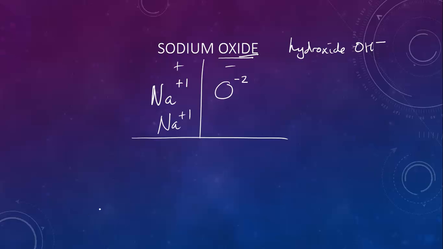So, the final result is sodium, and there are 2 of them, oxide, Na2O. Remember, since the 2 +1s cancel out with the -2, they are canceled. We don't need them anymore. And this is our answer.